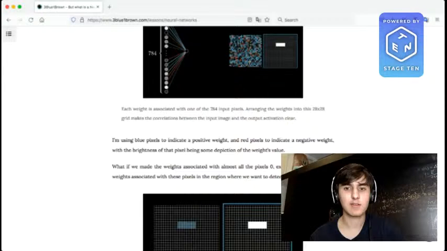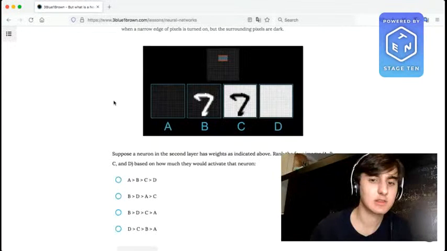So, suppose a neuron in the second layer has weights as indicated above. Rank the 4 images based on how they would activate that neuron, or by how much they would activate that neuron. Okay, so let's begin with A. If we had all black, we said the darker the neurons, the more negative the weight.